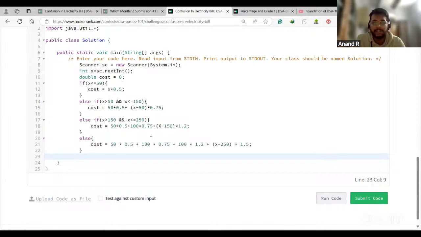You have to add 20% of surcharge. So 20% of surcharge means cost equals cost plus 20 by 100 into cost, right? Is the syntax correct? Do you see any flaw in the syntax?